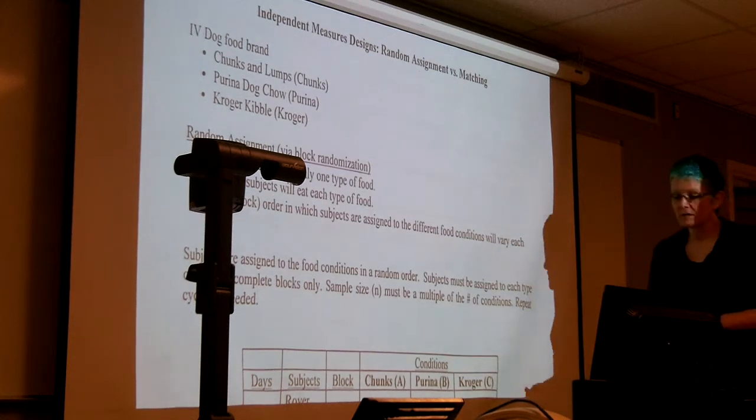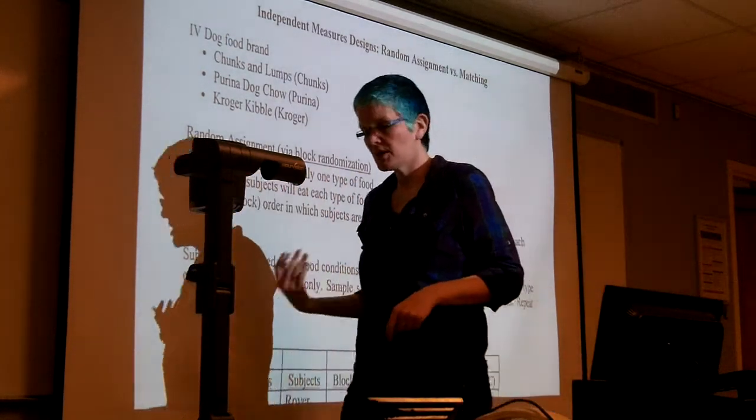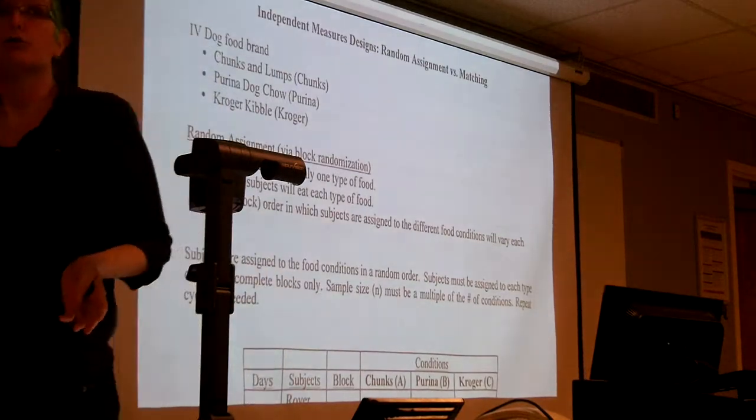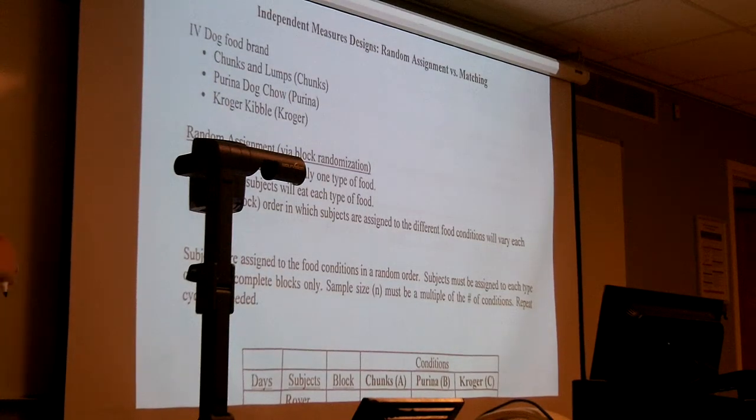Now to do this, I've got 3 conditions: chunks, Purina, Kroger. Okay. Just to keep things easy, we're going to say that I've got conditions A, B, and C, where A is chunks, B is Purina, C is Kroger. Okay? Is that all right? Make sense? Right.